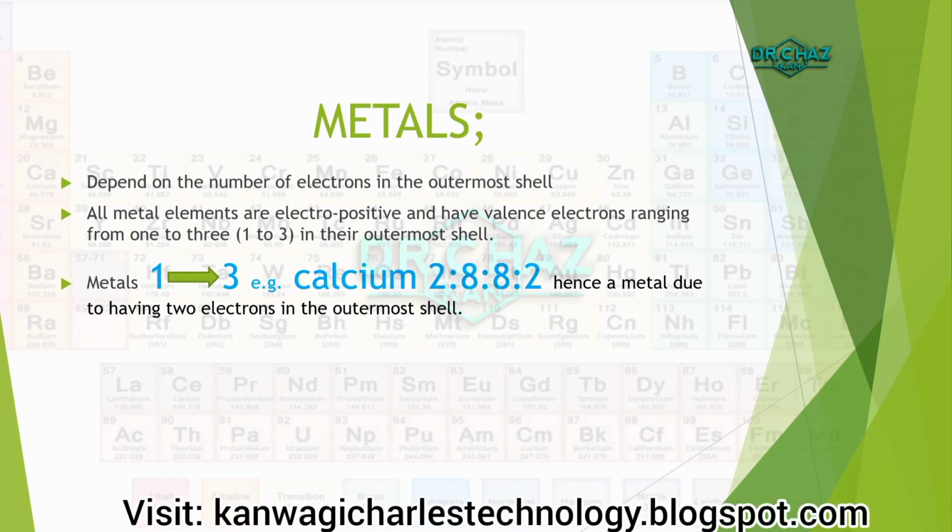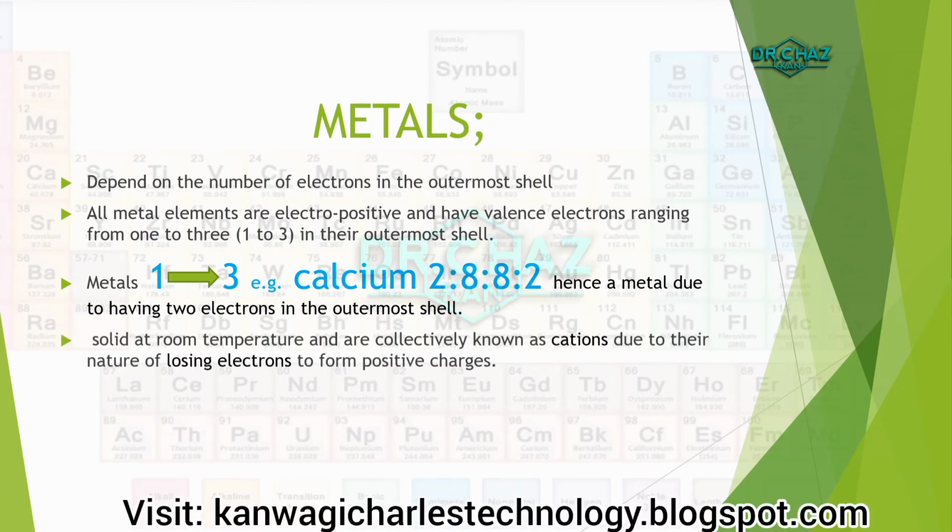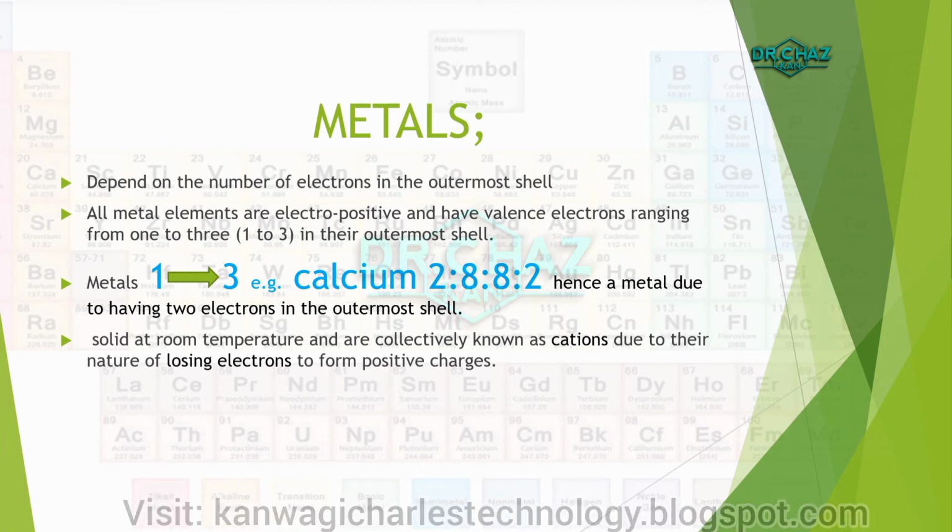So metals range from 1 to 3, like calcium. It has the last shell, the outermost shell, having 2 electrons, hence a metal due to having 2 electrons in the outermost shell. So metals are solid at room temperature and are collectively known as cations due to their nature of losing electrons to form positive charges.